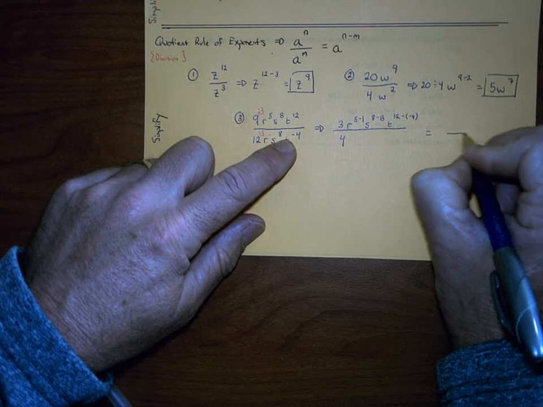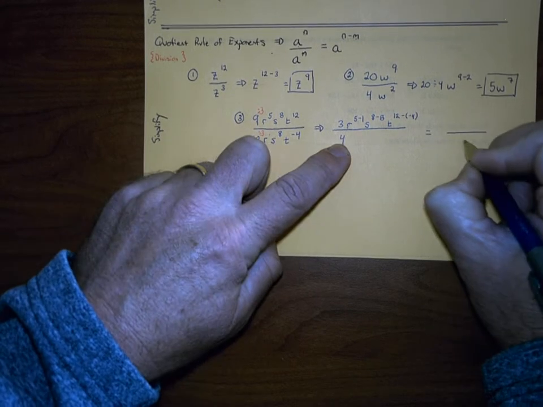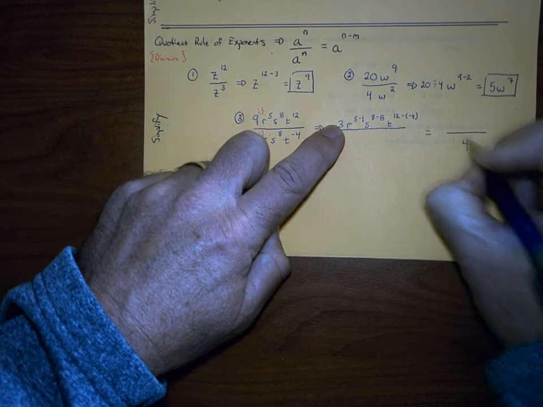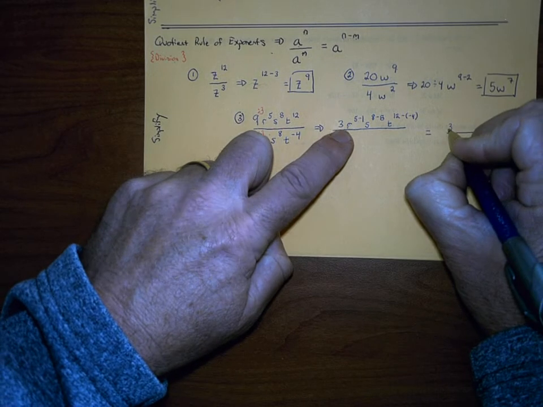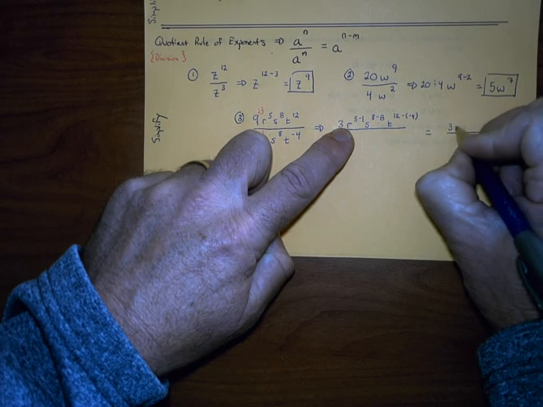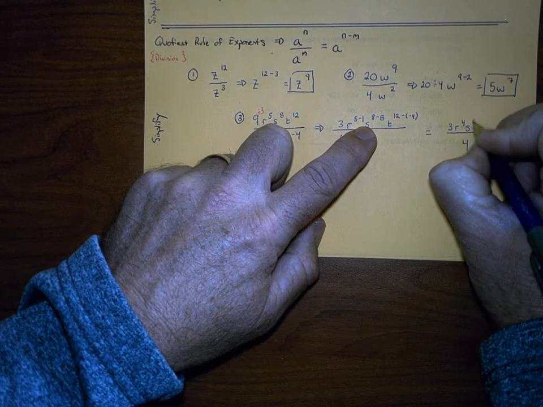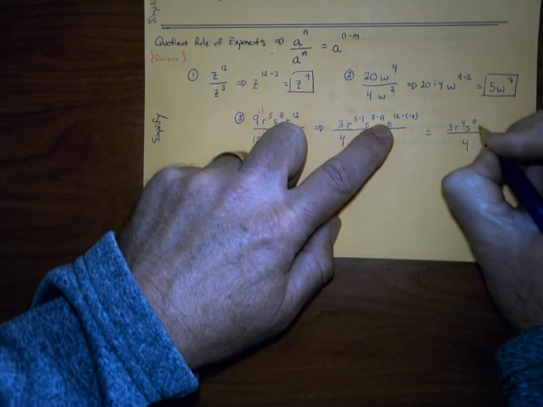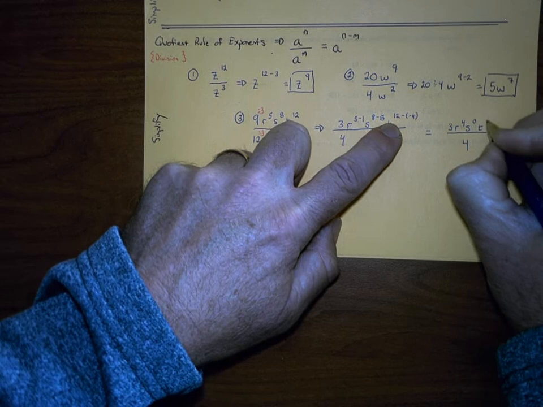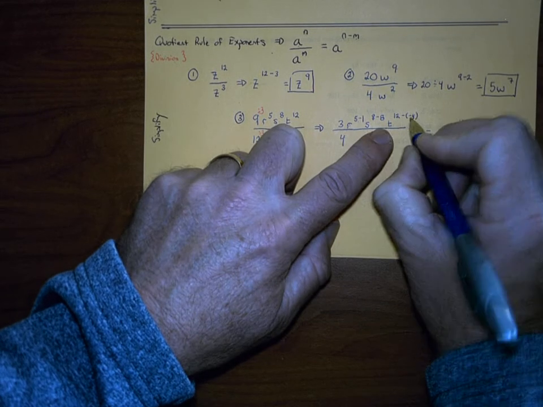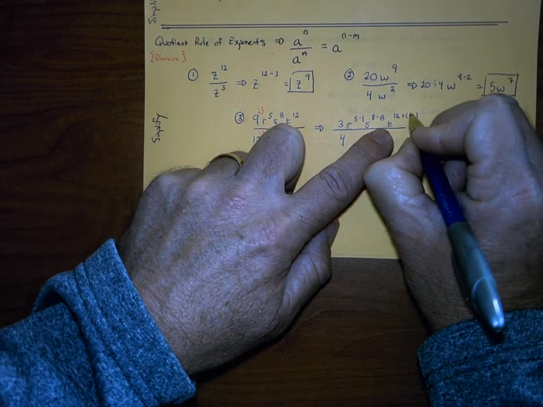So what does this work out to? Well, I'm going to have a 4 on the denominator, and on the numerator, I'm going to have a 3, r to the 4th power, s to the 0 power, 8 minus 8 is 0, t to the 16 power, because 12 minus -4 really means 12 plus 4, so that's 16.